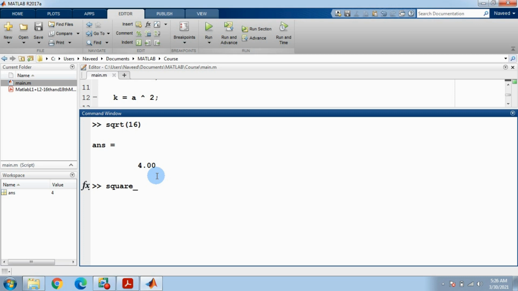We'd be seeing the rules for how to declare the variables and how to name them as we proceed through these slides. But for now, let's just write some random name like square root equals the square root of, let's say, 64.